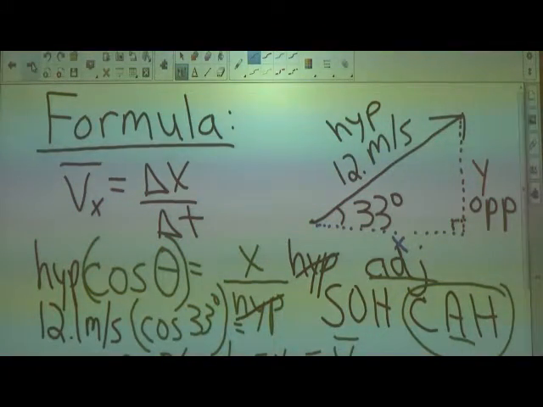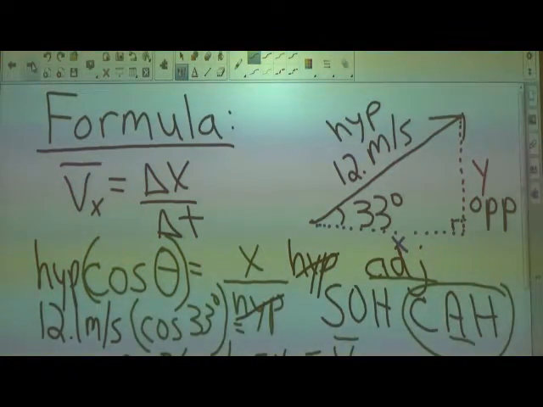And since we want to find the horizontal displacement, we need to know what this x component is. Because this is not only going to the right with the x component, but it's going up with the y component. So you can't use 12 meters per second. You want to find out how fast it is going horizontally.